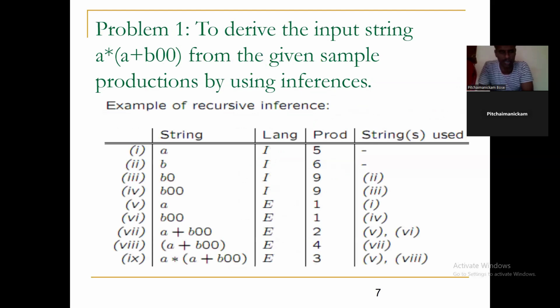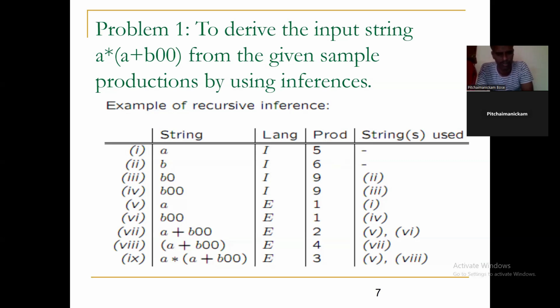Suppose our problem, problem number one, is to derive the input string W, that is A star within bracket of A plus B00 and close bracket, for the given sample productions by using inference. We already discussed what inference is. In inference we derive the input string from body to head.